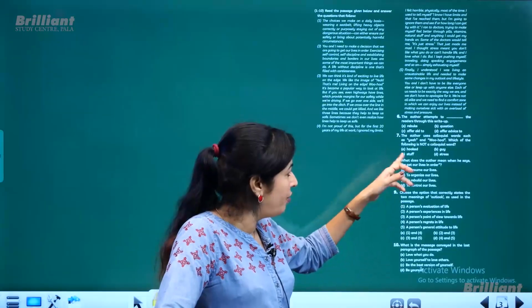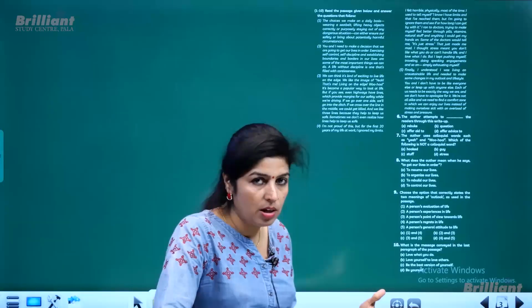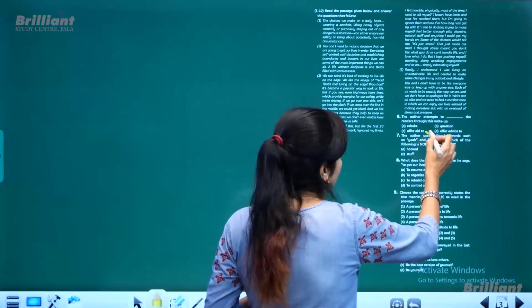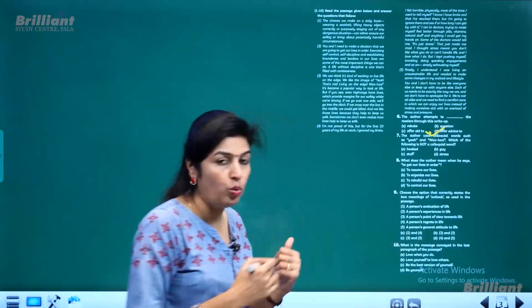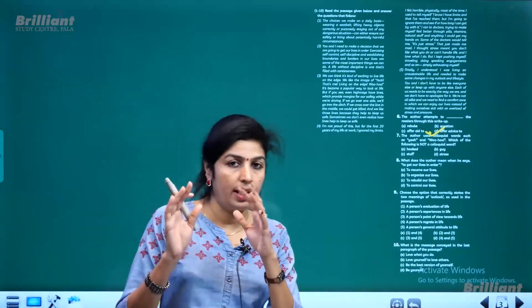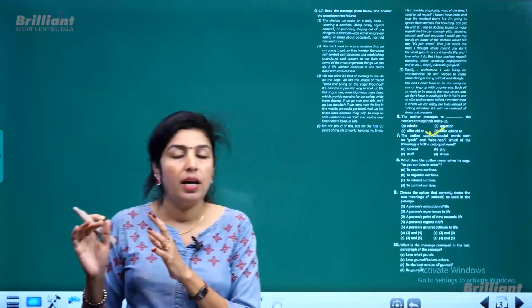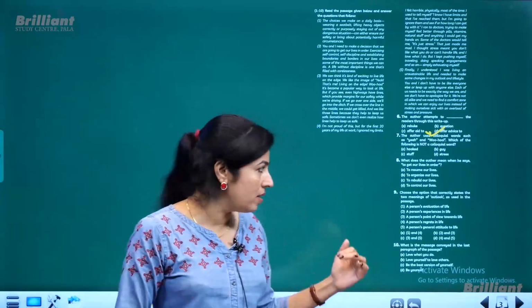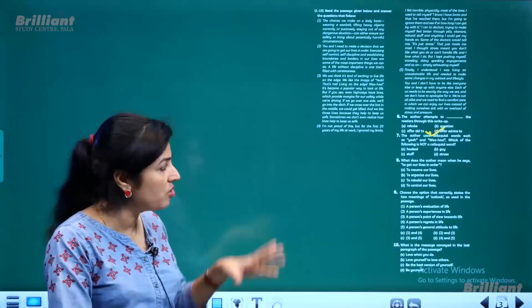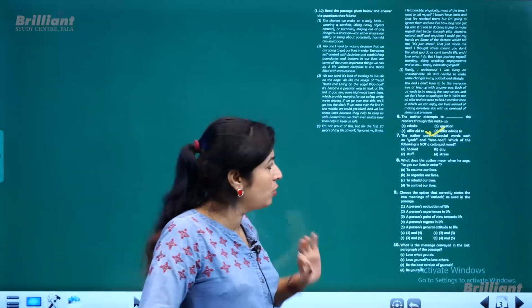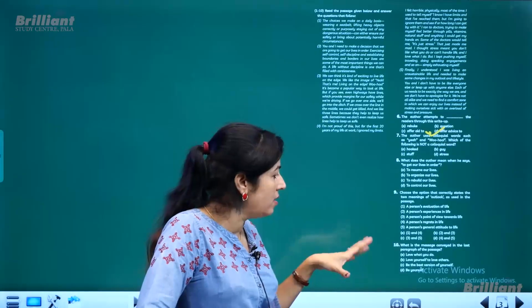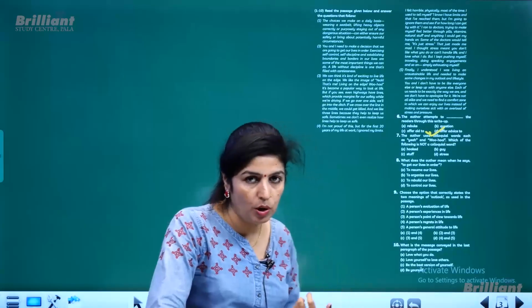No. Offering aid, is he giving some sort of help? No, he is offering advice. So it's a piece of advice given. He tells you how to have a kind of attitude towards life, to maintain the balance of life. What should we do? That is a kind of advice offered by him. So in that sense, the fourth option could be given: the tone of this writer is to provide us with some sort of advice.